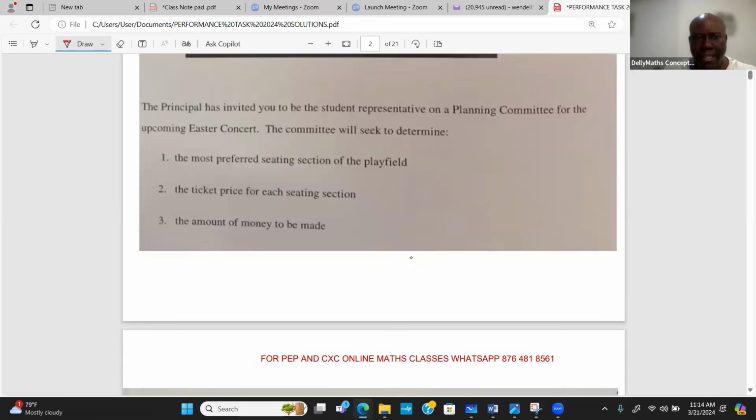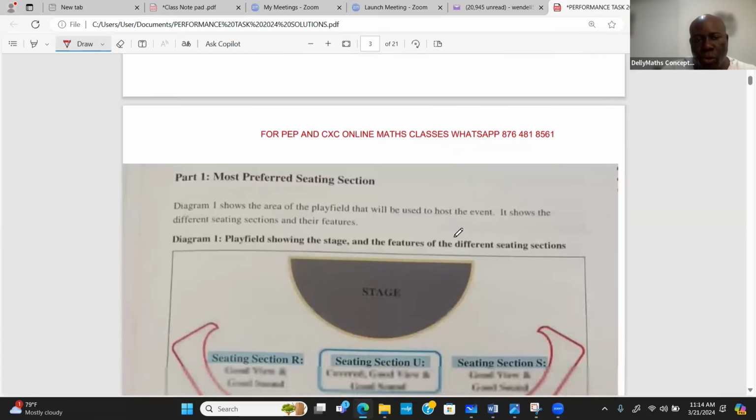The principal has invited you to be the student representative on the planning committee for this upcoming Easter concert. The committee will seek to determine 1, the most preferred seating section on the playfield, 2, the ticket price for each seating section, and 3, the amount of money to be made. That is what we're out for.